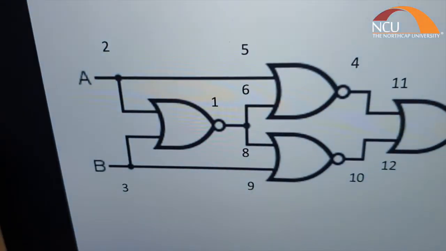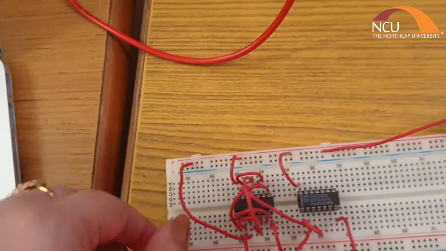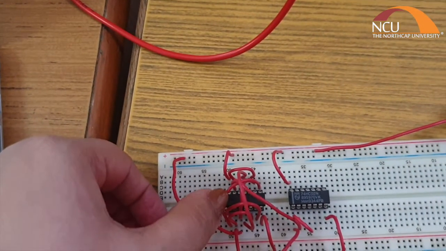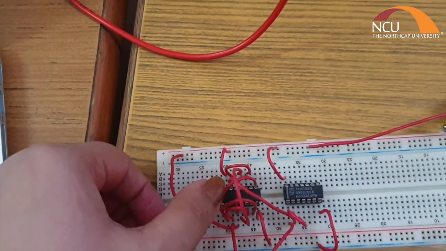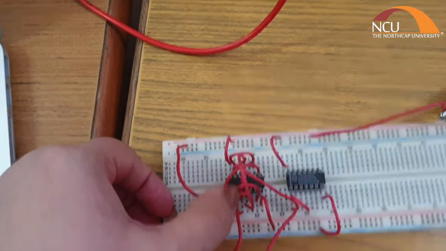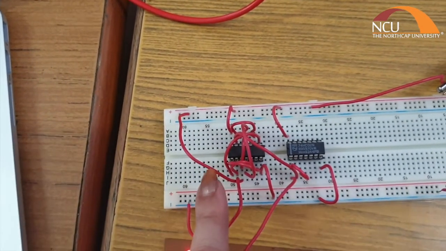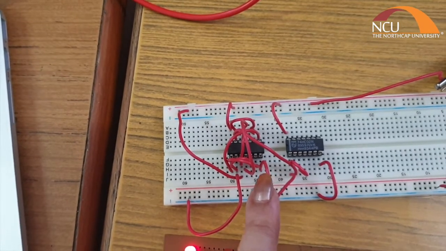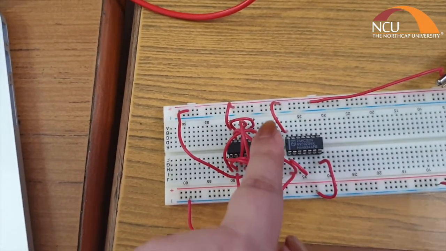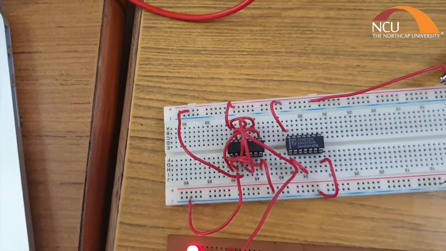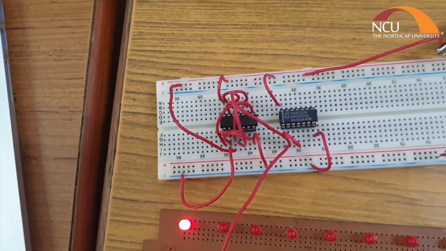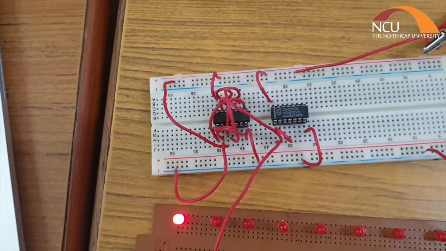The output is connected to 6 and 8. Here we have connected this pin 1 with 8, and here pin 1 is again connected to 6. So pin 1 is connected to 6 and to 8, so both the pins will be getting the same input as we are getting from the first NOR gate.